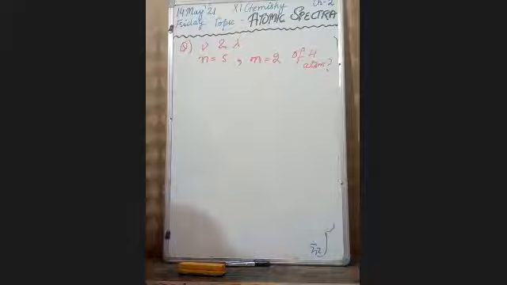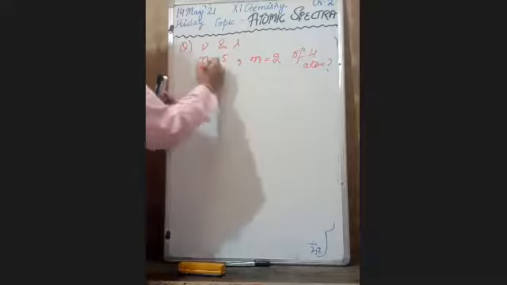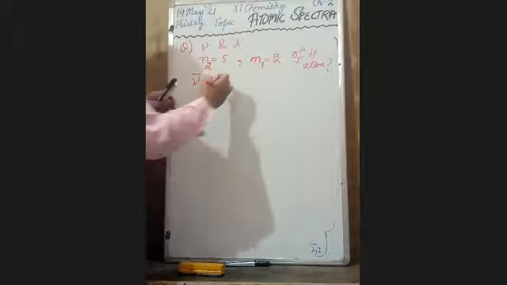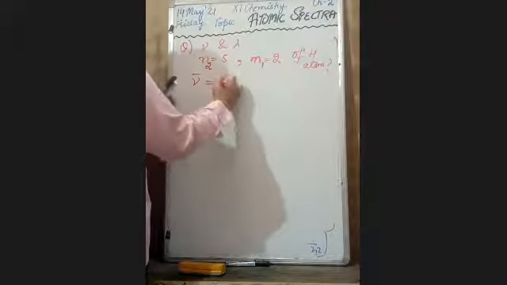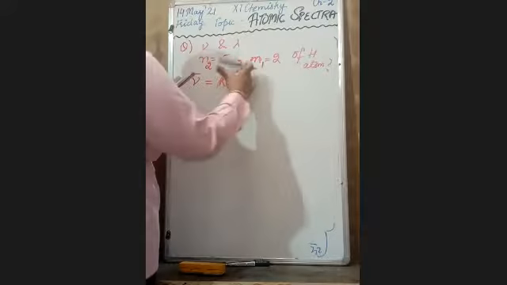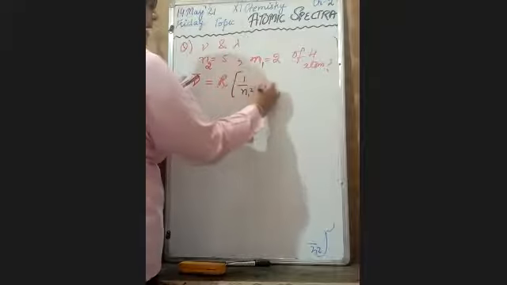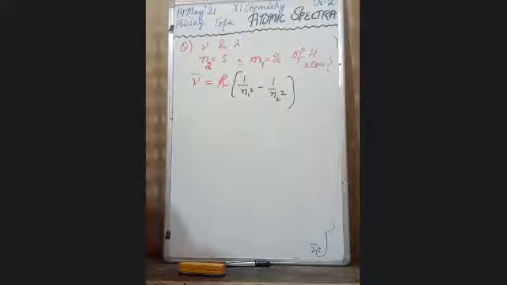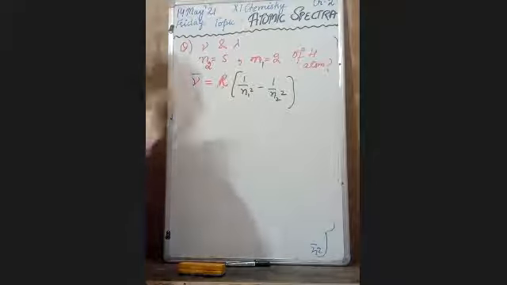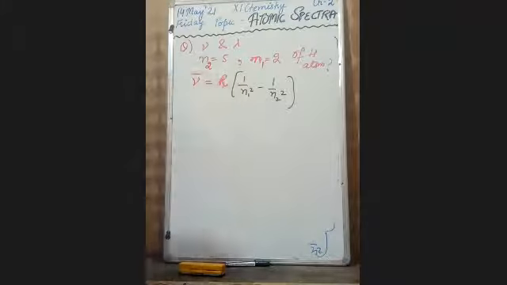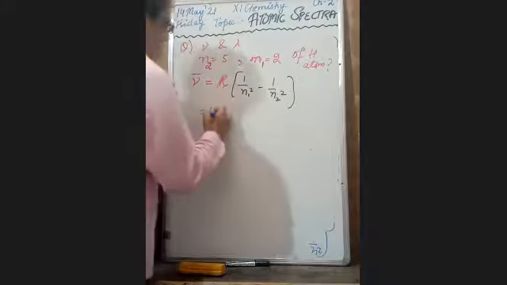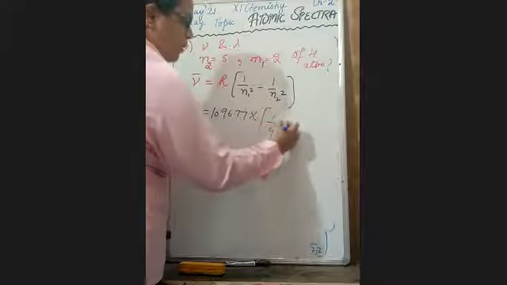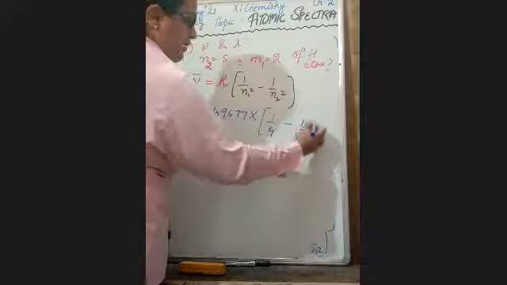So use that formula. Here n2 is 5 and n1 is 2, and wave number is equal to what? Rydberg constant into 1 over n1 square minus 1 over n2 square. Put the value of this. It will be 109677 into 1 over 2 square, that is 4, minus 1 over 5 square, that is 25.